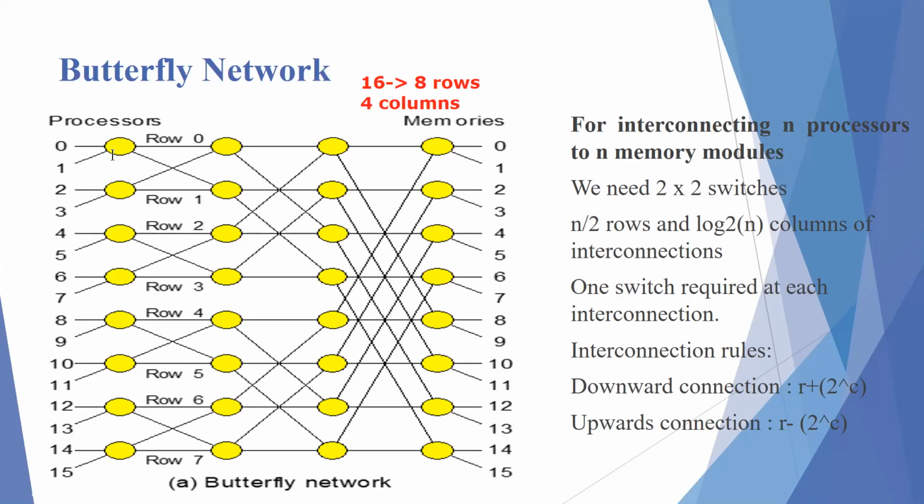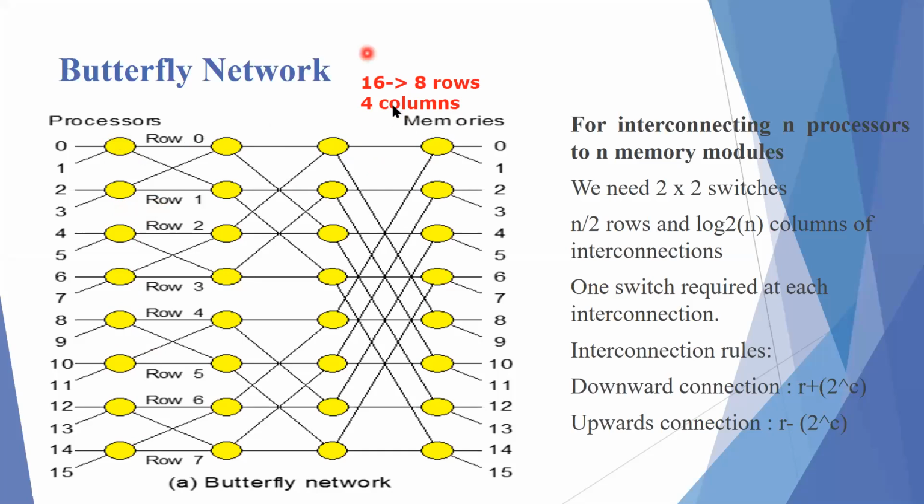Now, I have rows 0, 1, 2, 3, 4, 5, 6, and 7: 8 rows and 4 columns, 1, 2, 3, and 4. Every switch: wherever I have a row and a column interconnection, I will place one switch.